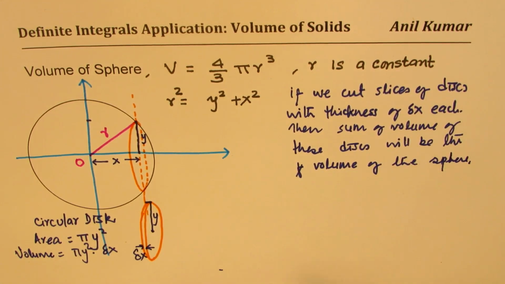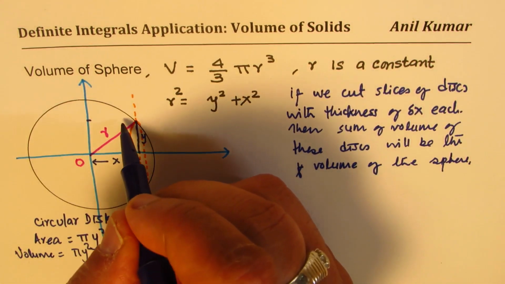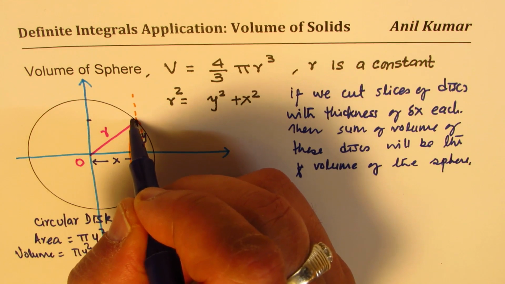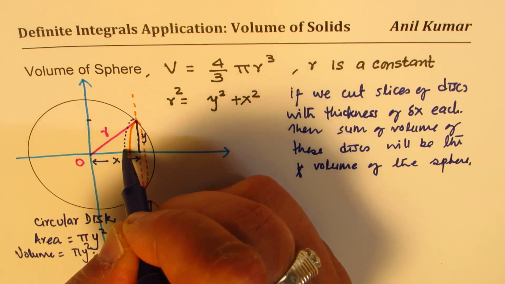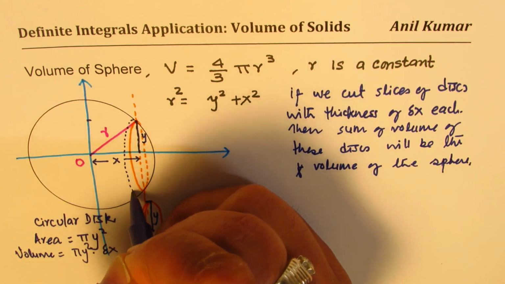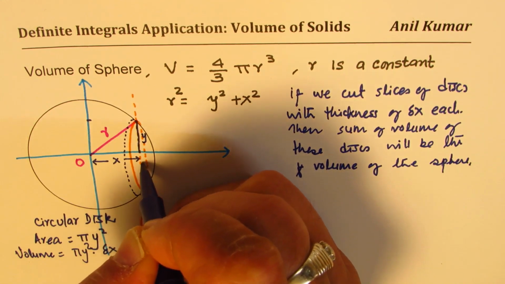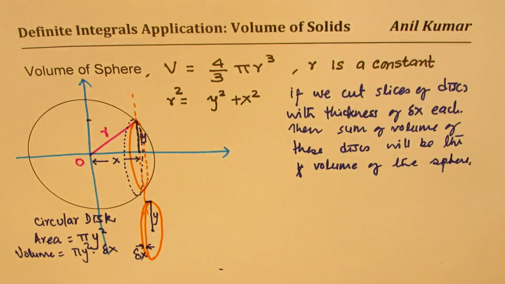Is that clear? So if we cut into many such disks and then add their volumes, then we get the total volume of the sphere, correct?